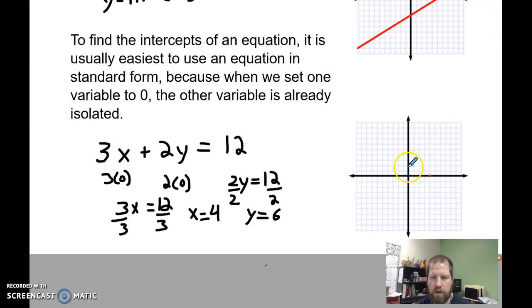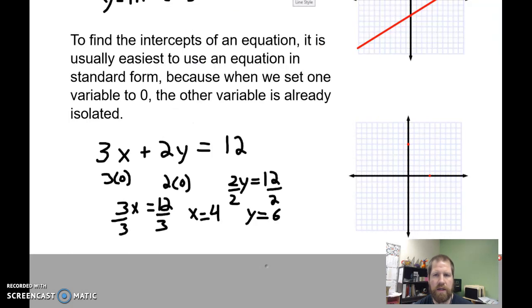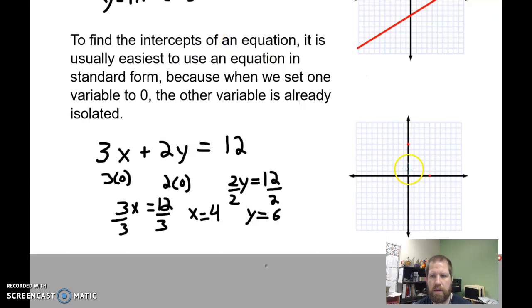Plot my point, 1, 2, 3, 4, 5, 6 on my y-axis, and then, once again, connect the 2 with a line, something like that. Extend it both ways, and there we go. So that's how to find our intercepts.